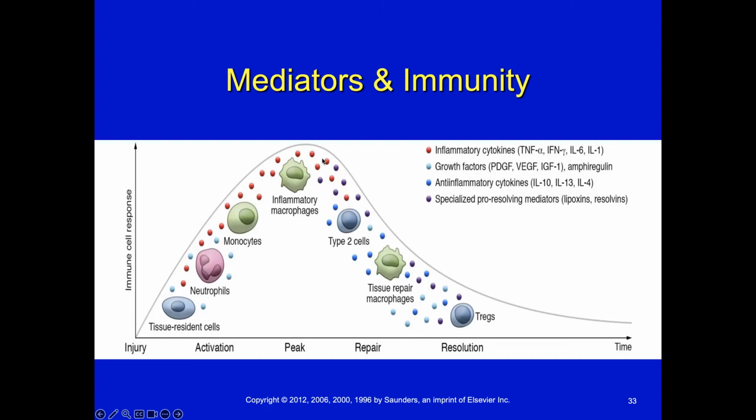The red dots represent inflammatory cytokines, and all the other ones are either anti-inflammatory cytokines or mediators, as well as growth factors, and mediators like lipoxins are in here too. So you go from the beginnings of inflammation to the peak, and then resolution, through what is being released by various cell types to end inflammation and eventually get healing.